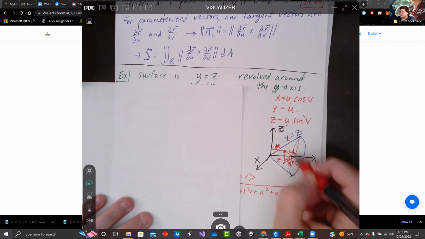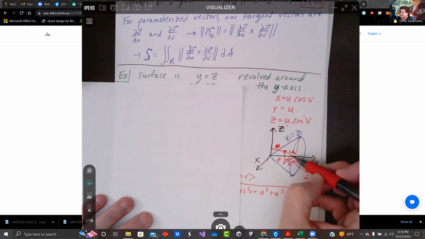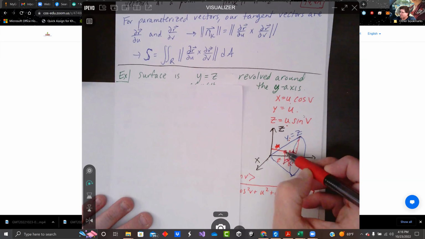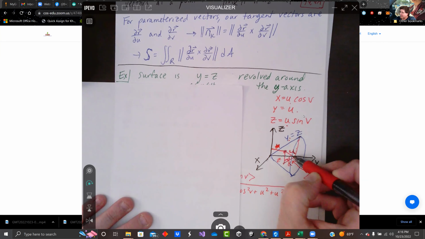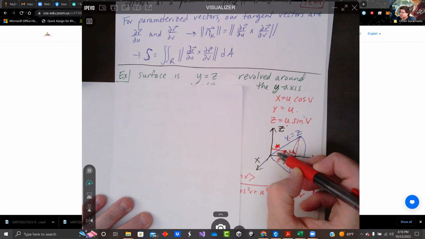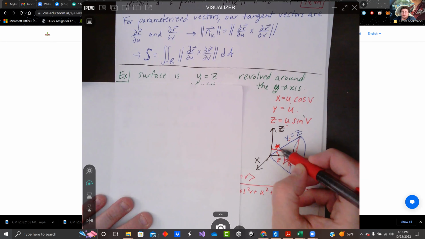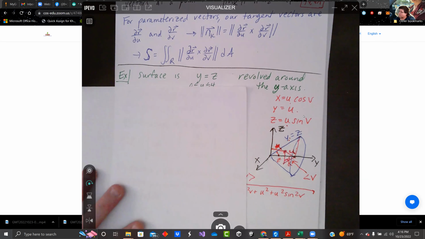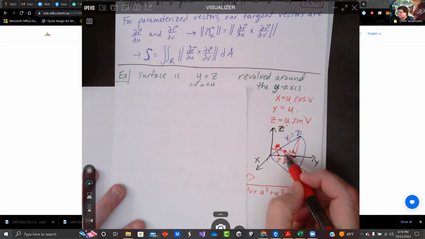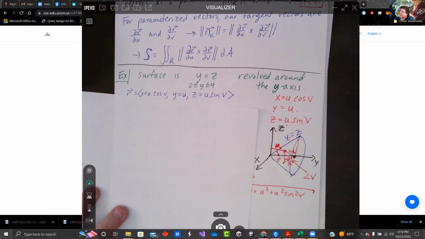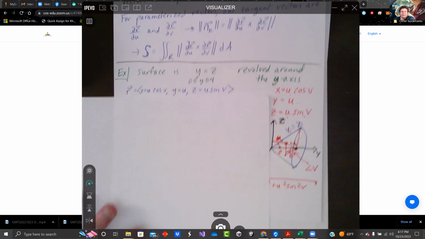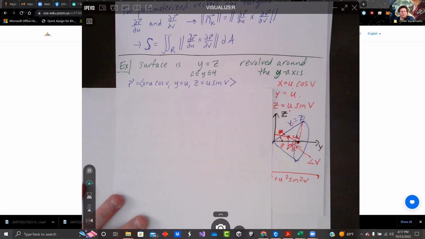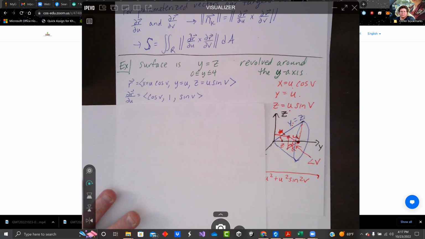So that's up. The radius, going from any point along y to the edge of the cone, is just going to be z, because if we do it straight up, it's hitting right there. So y will be u, because that's the distance from the y axis to the surface. So we got r is u cosine v, u, and then u sine v.